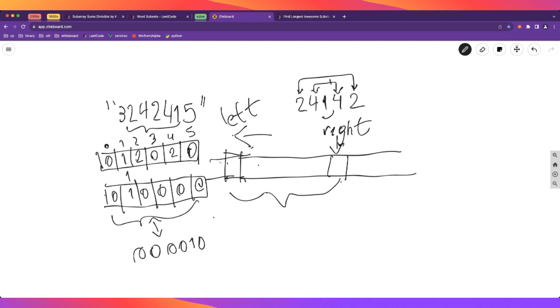And how do we cancel them out? One trick to do that is to do an XOR. It's the same as doing sums in modular arithmetic, modulo 2, because we only care about the parity.